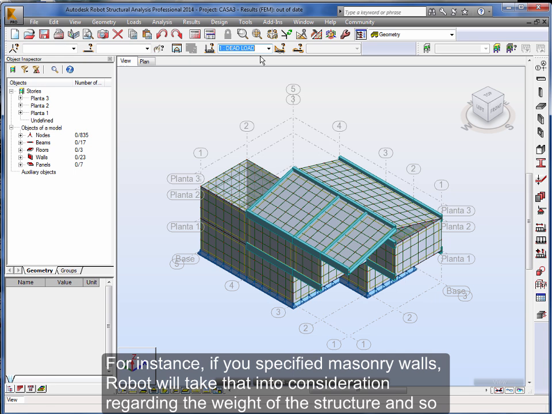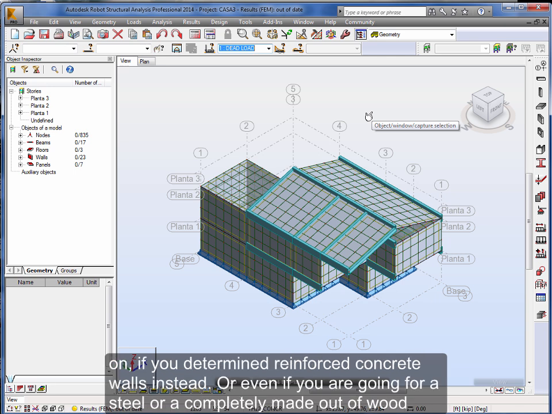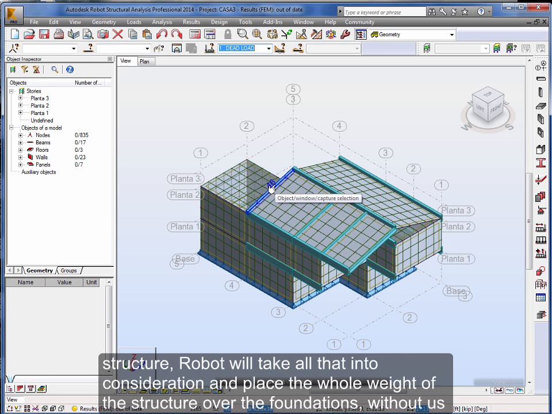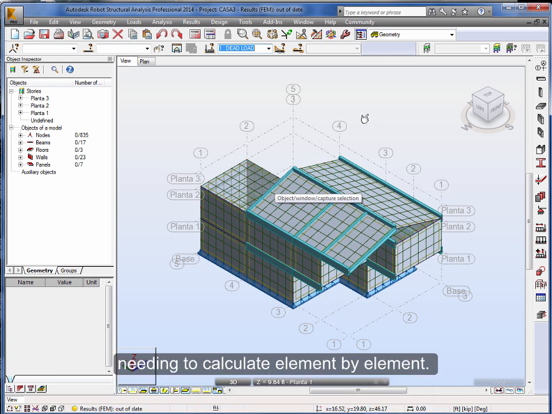For instance, if you specified masonry walls, Robot will take that into consideration regarding the weight of the structure, and so on, if you determine reinforced concrete walls instead. Or even if you are going for a steel, or a completely wooden structure, Robot will take all that into consideration, and place the whole weight of the structure over the foundations, without us needing to calculate element by element.